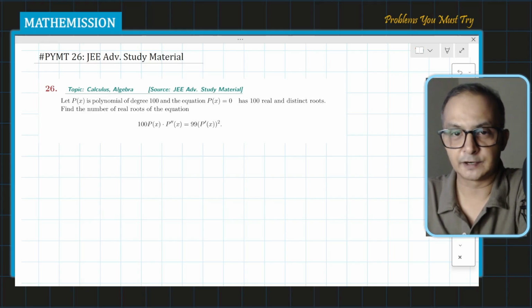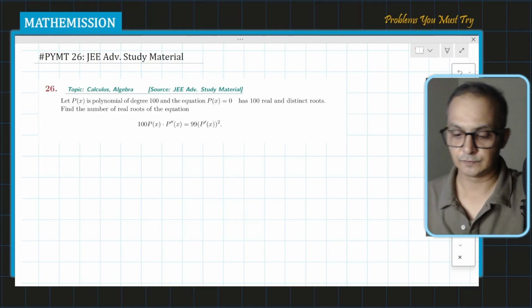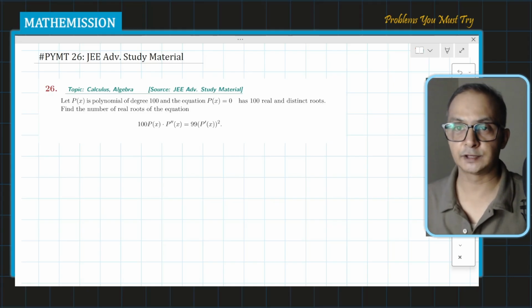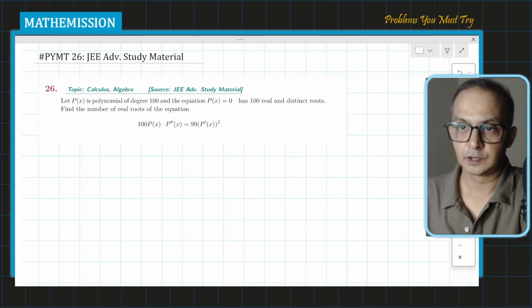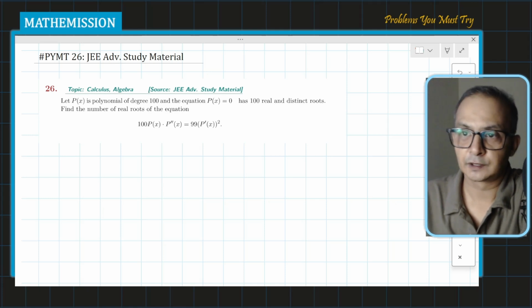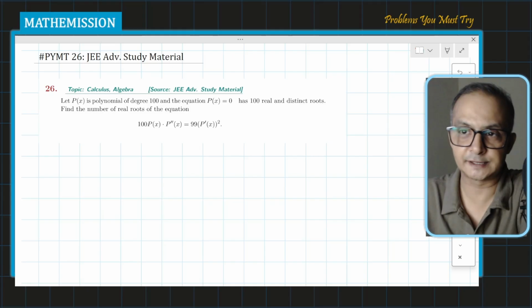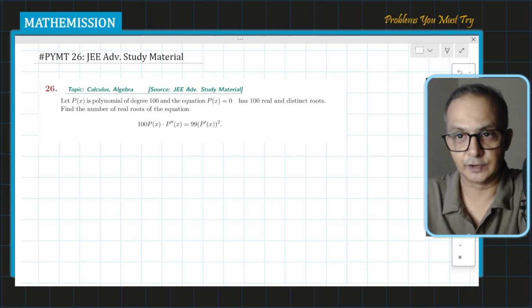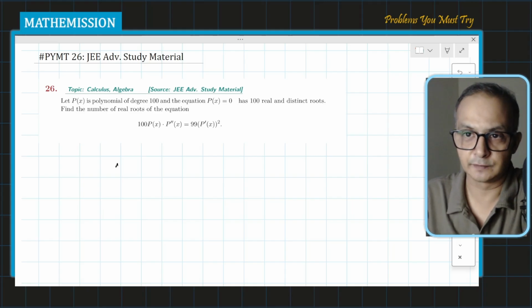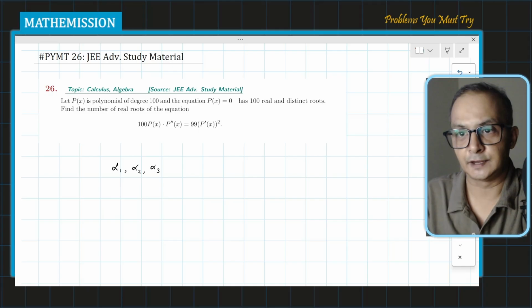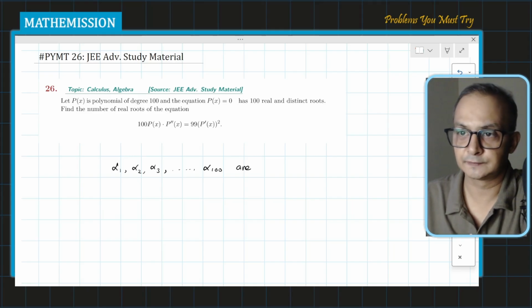So the first method I'm going to discuss is by using the calculus. For that, we have already been given that p(x) has the roots in number, that is 100. So let's say alpha 1, alpha 2, alpha 3 till alpha 100 are the roots of p(x).